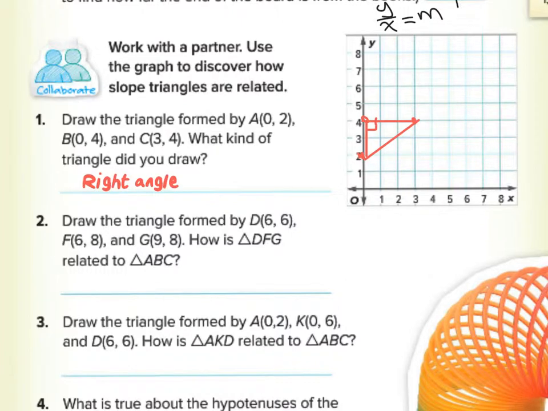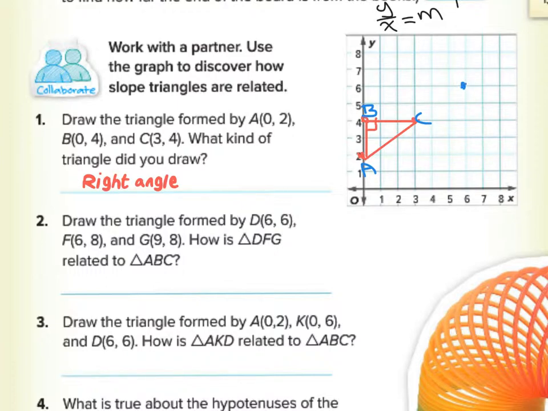Now they're asking us to draw the triangle formed by D 6-6, F 6-8, and G 9-8. How is triangle DFG related to triangle ABC? I should label this first, so let me zoom in and label it. Let's now find these coordinates. D, 6 and 6, so go to 6, all the way up to 6 is right there.